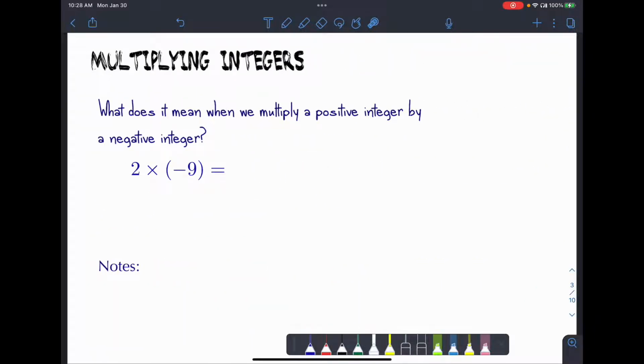So we're going to add minus 9 2 times, and we'll get something that looks like that. We have minus 9 plus minus 9. There are 2 of these. In a previous class, we looked at how to add integers, and I'll leave it for you to recall, but minus 9 plus minus 9 adds to minus 18.